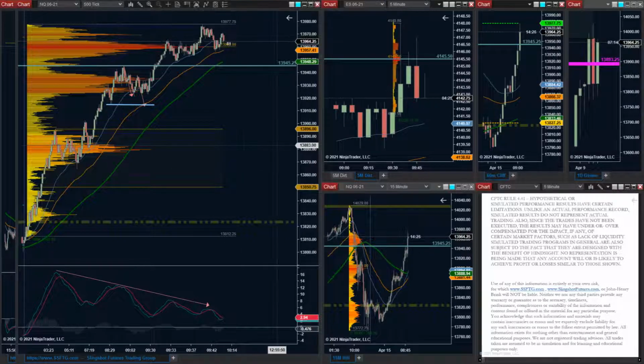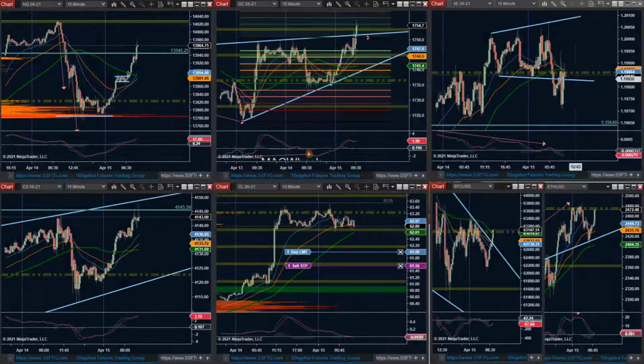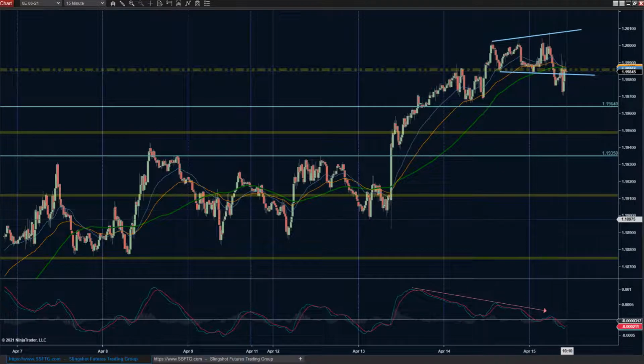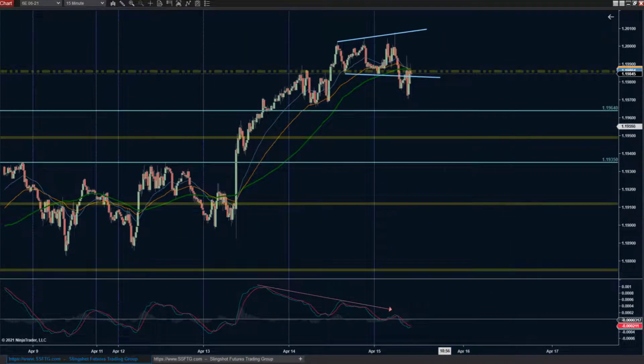The euro is, man, the euro is in a really messy spot here. It's almost painful. Like, what do you do with this? Would you look at that? I mean, this is the only thing that stands out, right? We've got this potential of a descending wedge. It's super early.